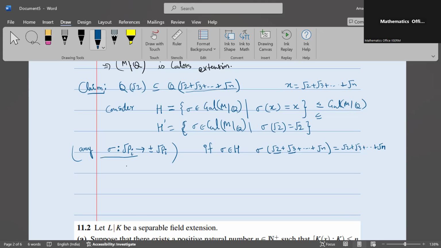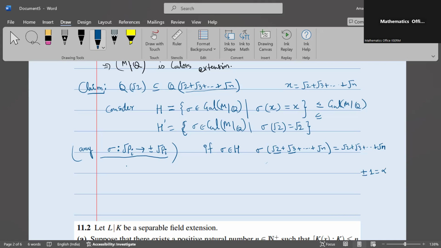For primes, we have already seen what sigma does: sigma takes root Pi to either plus root Pi or minus root Pi. And here we'll see where it sends root 2. Maybe it sends root 2 to minus root 2. We don't know. But whatever it is, let it be plus 1 or minus 1, both together, say alpha.